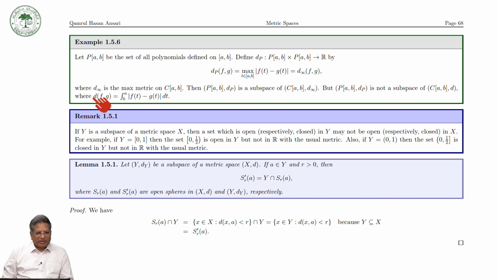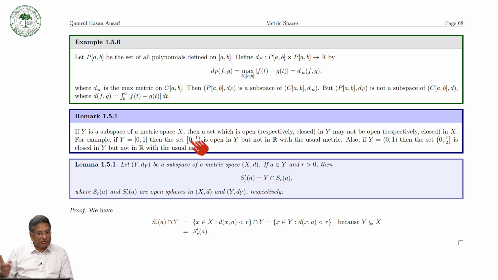Consider Y equal to the closed interval [0, 1]. Then the set [0, 1/2) is open in Y, but not open in R with the usual metric.